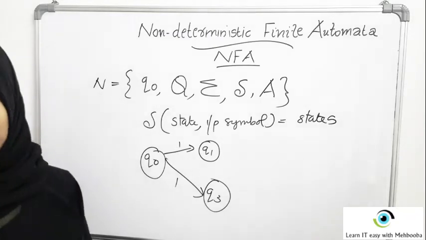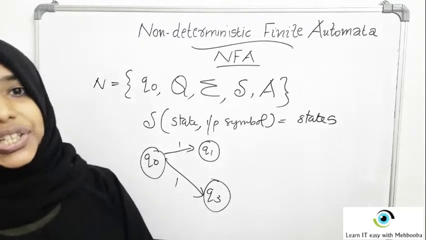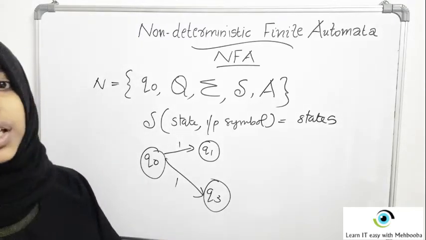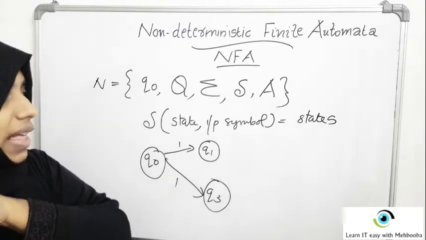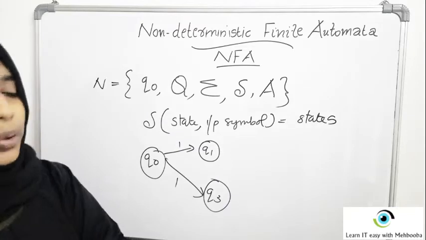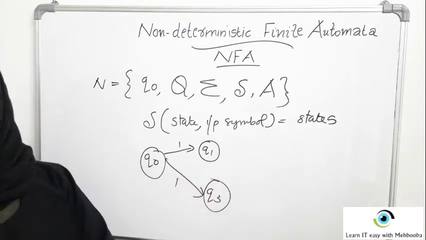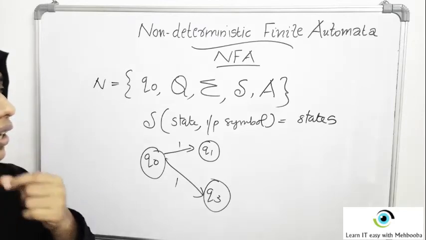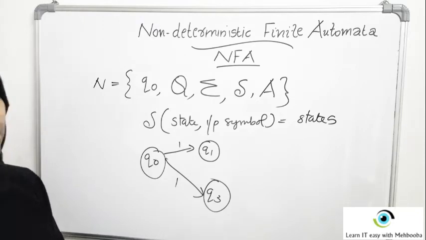But let me tell you, this does not add any kind of computational capability to NFA compared to DFA. Both DFA and NFA have exactly the same computational power, and you can even convert one to the other. So this doesn't add anything to the computational power, but still design becomes easier.